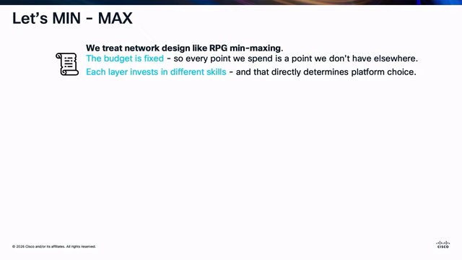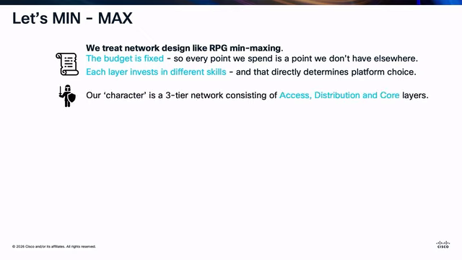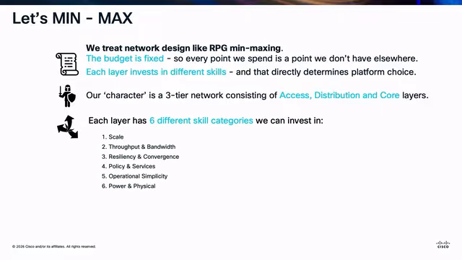So it's the same as building the campus network. The budget is fixed. Usually you don't have unlimited budget, and each layer, in our case, invests in different capabilities, right? So our RPG character is actually our campus network made of access, distribution, and core layers. Each layer has 6 different skill categories, and they're repeatable.